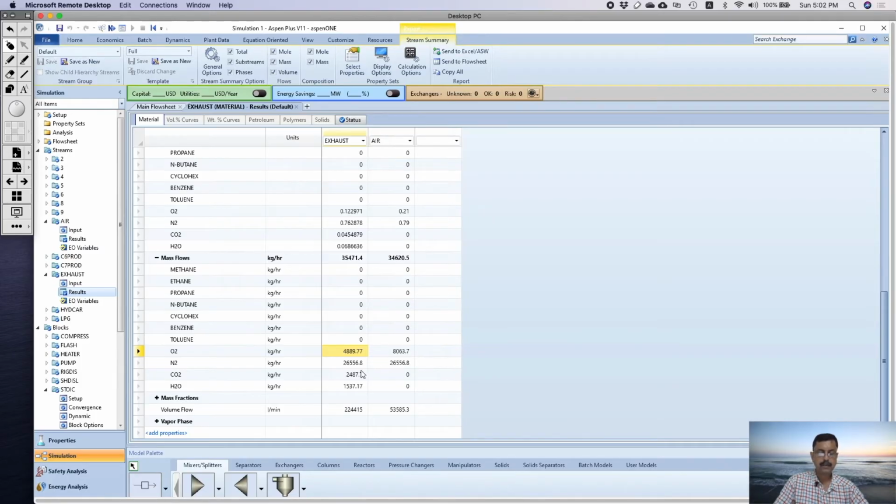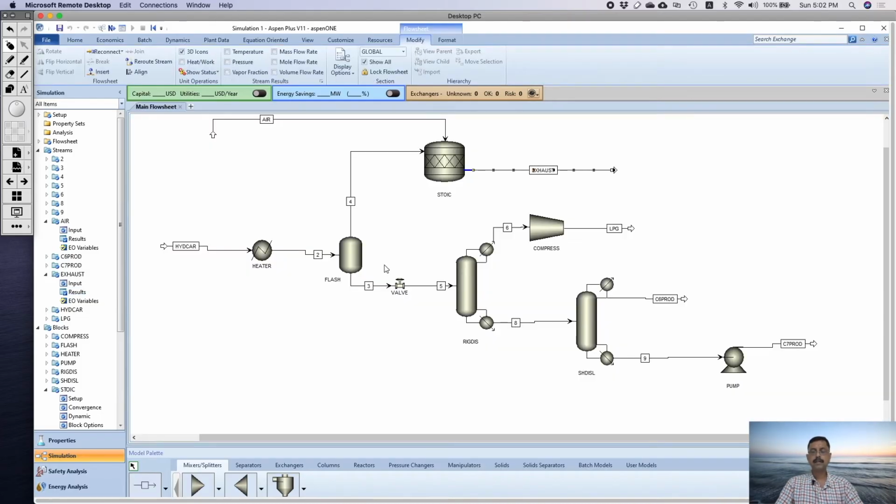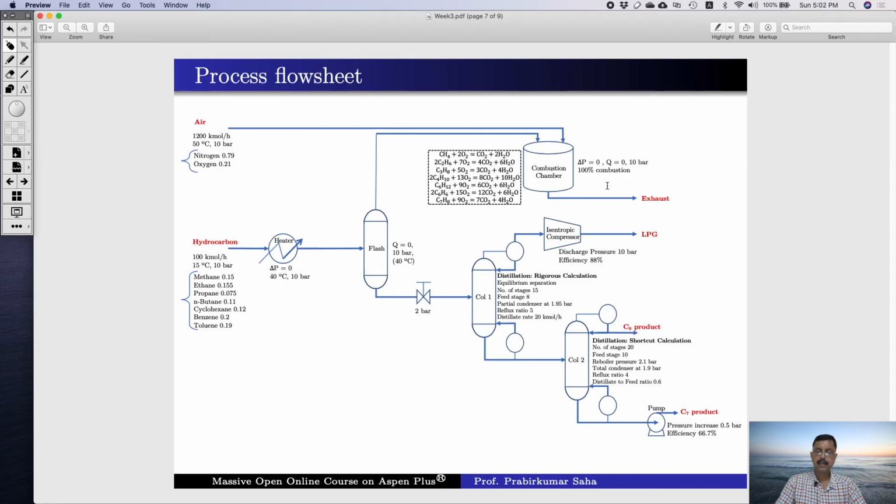And in air there was no carbon dioxide and water, but in the exhaust you find 2487.7 kg per hour of carbon dioxide that is produced out of the stoichiometric reaction. So this is the complete simulation of the process flow sheet that we have discussed so far.